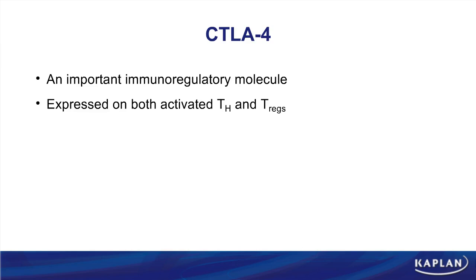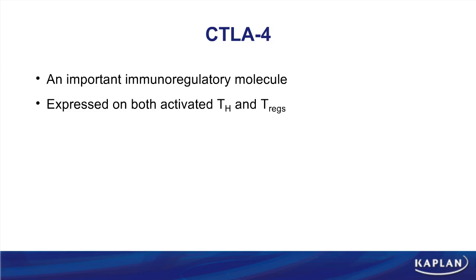You have to be able to turn off these helper T cells in order to contain the number of cells in the body. You will also find CTLA-4 on our regulatory T cells, and this is part of how we contain our self-reactive cells that have made it out into the periphery. So remember, our regulatory T cells are involved in peripheral tolerance.